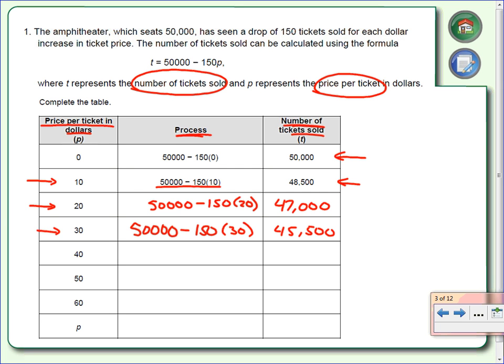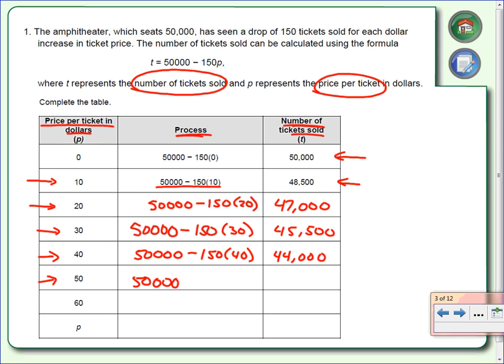We raise the price even more. Now we're charging $40 a piece. So let's see how many people we're expecting to show up to this concert. 44,000. Raise the price even more. We're charging $50 now.